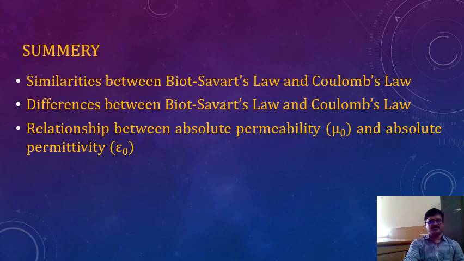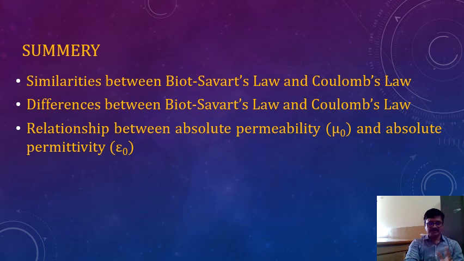So today in this session we have learned about similarities between Biot-Savart law and Coulomb's law. Then we have learned about differences between Biot-Savart law and Coulomb's law. Then we have understood the relationship between absolute permeability and absolute permittivity, and we have made a derivation for that.